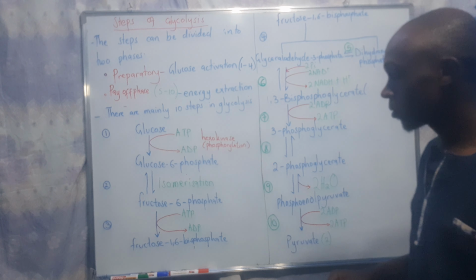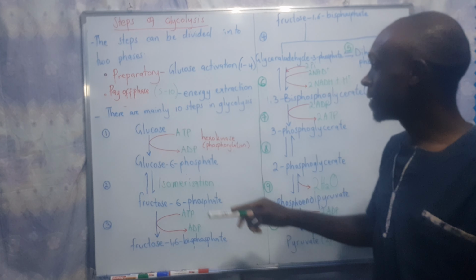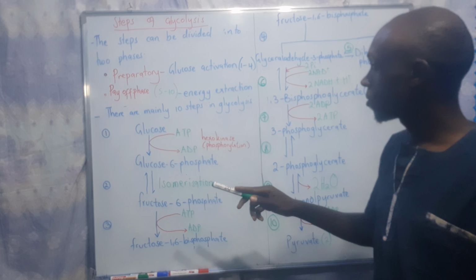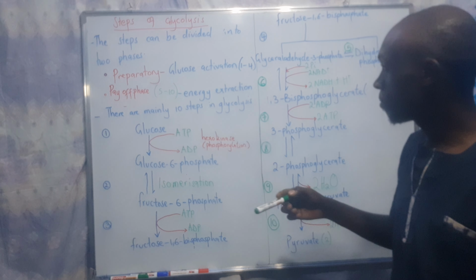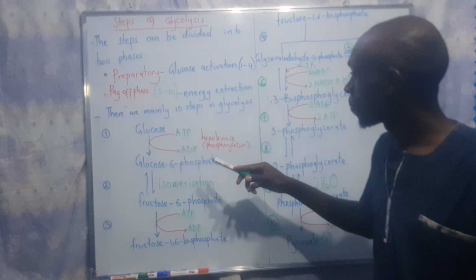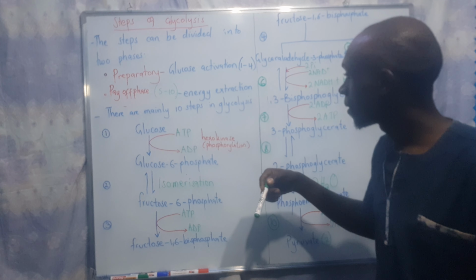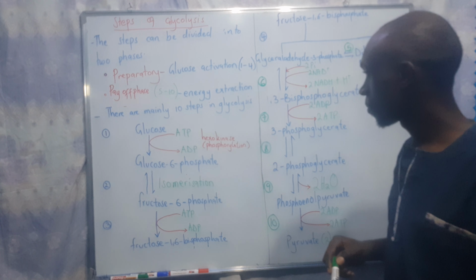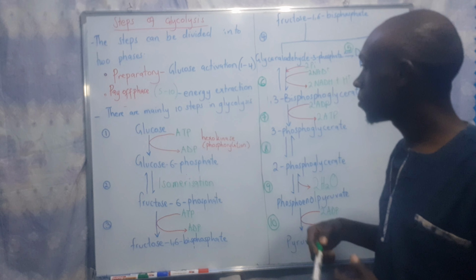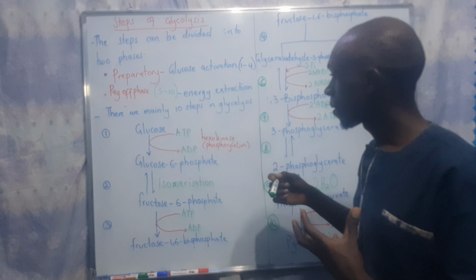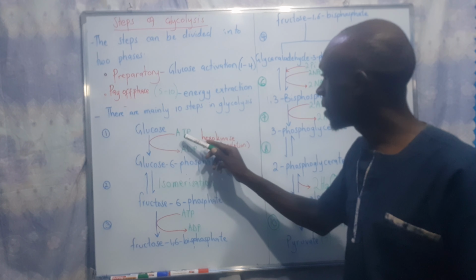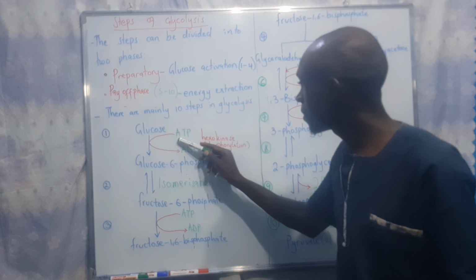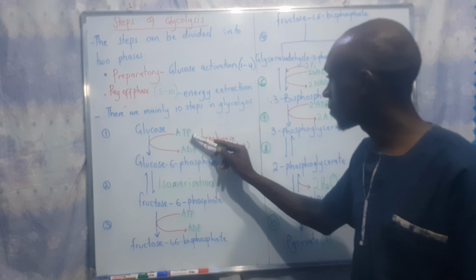So we can look at stage number 1. We have a glucose molecule. That glucose molecule is totally unreactive, because it is highly stable. So how do we make it unstable? By adding a phosphate group, using ATP. ATP is adenosine triphosphate.